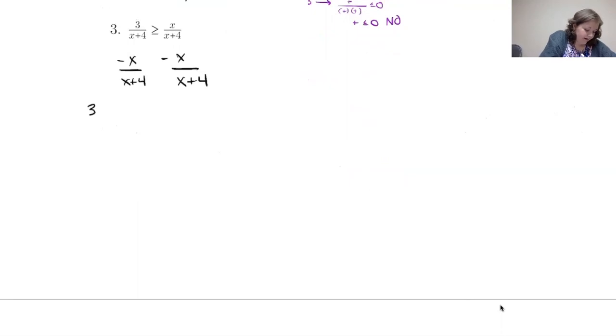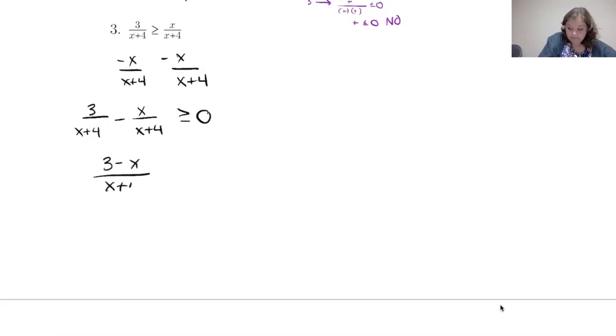And we'll get 3 over x plus 4 minus x over x plus 4. It's greater than or equal to 0. We want it to be in one fraction. And adding and subtracting fractions means we need a common denominator, but this one we got lucky. They actually happen to be the same denominator, so we don't have to make a common denominator. We already have one. So we'll end up with 3 minus x over x plus 4 is greater than or equal to 0.